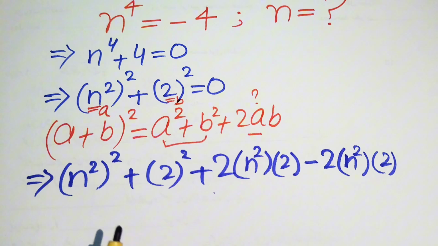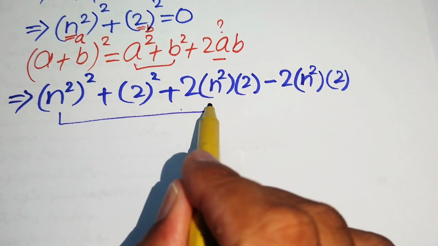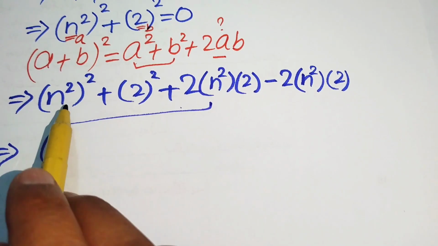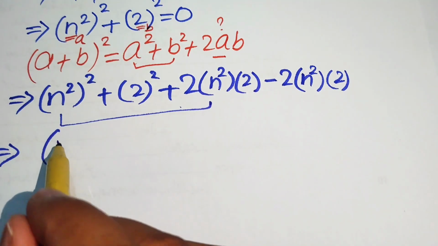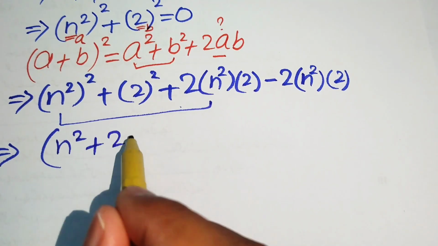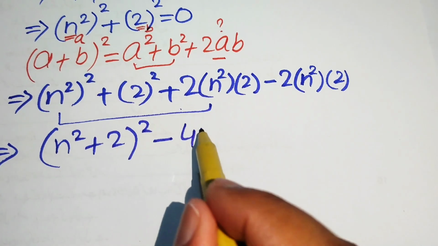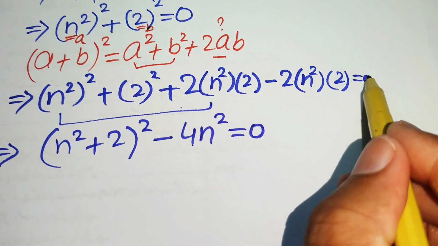So after this step you focus on the first three terms, these three terms, and you see here this is equals to a square plus b square plus 2ab. This will complete this formula, and we write it as n square plus 2 whole square minus this 2 times of 2 becomes 4 times of n square, and this whole equals to 0.